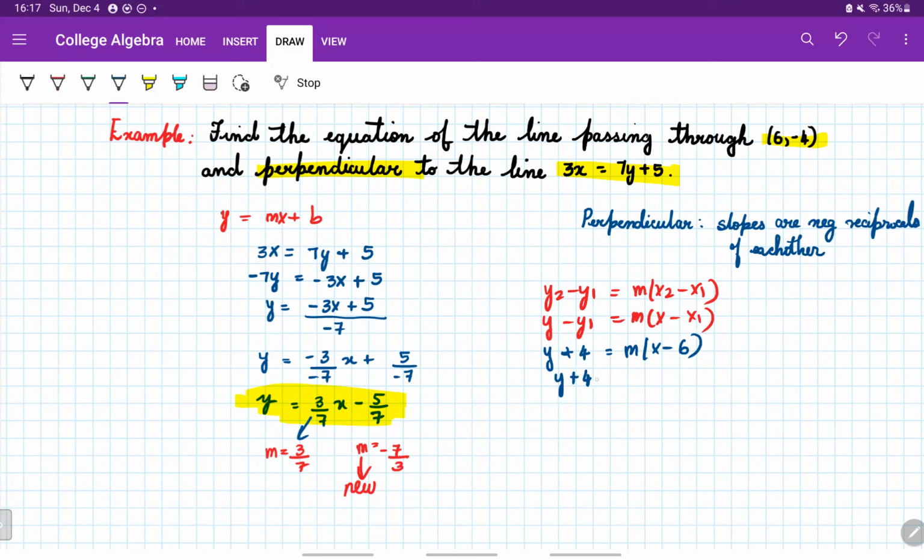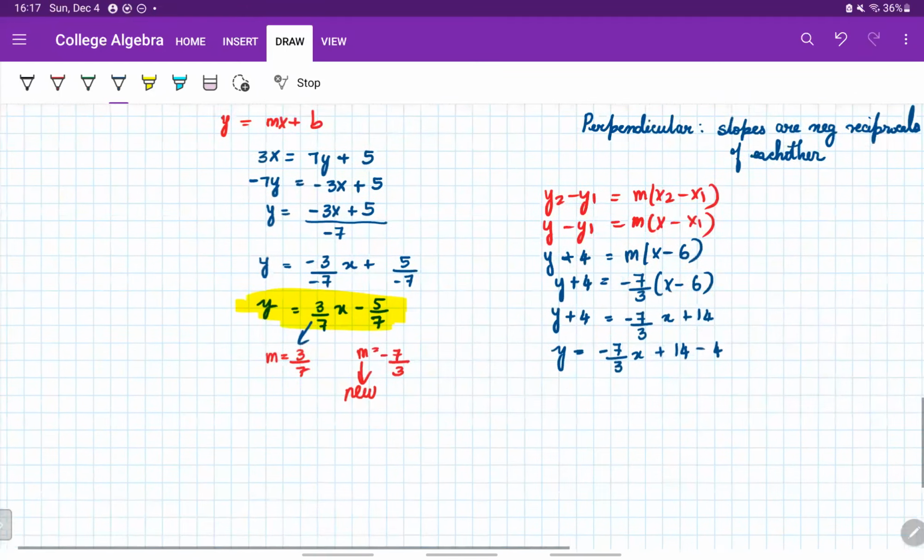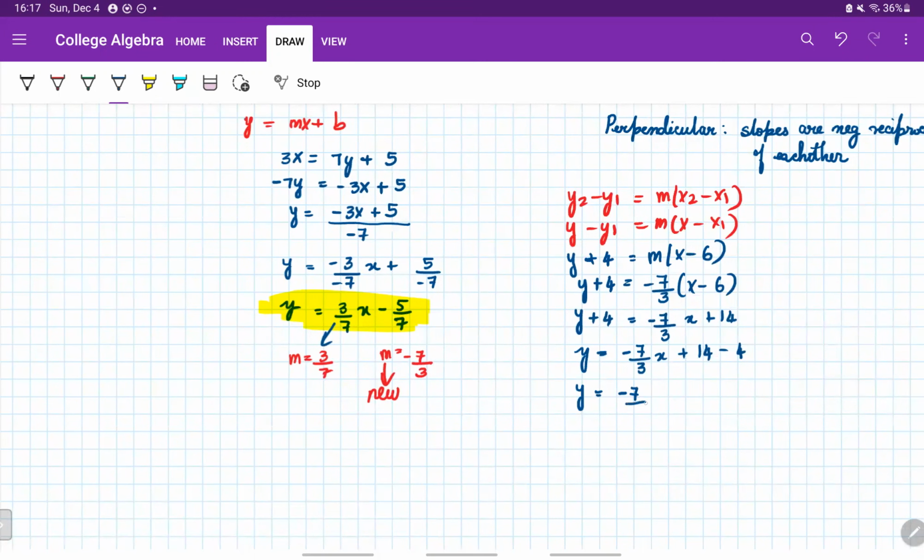We have our m as -7/3. Then you have x minus 6. Expanding it, you get y + 4 = -7/3 x + 14. So y = -7/3 x + 14 - 4. Y = -7/3 x + 10.